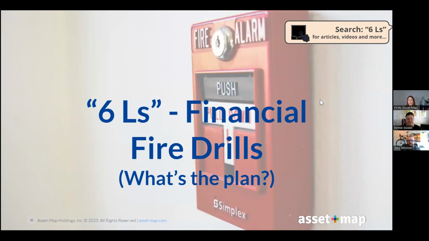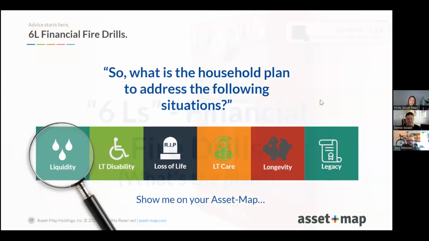And the idea behind this framework is to say there are really 6 areas or events that could potentially derail a client or family's financial plan. And we just want to be aware that we've gone through each of these events, that we've unpacked that with the client.